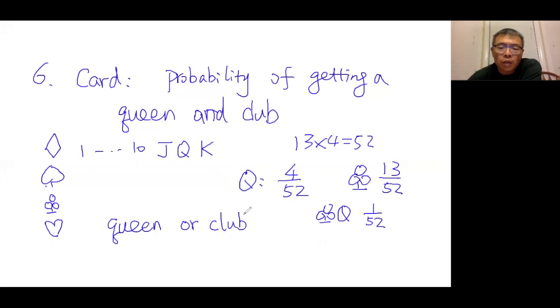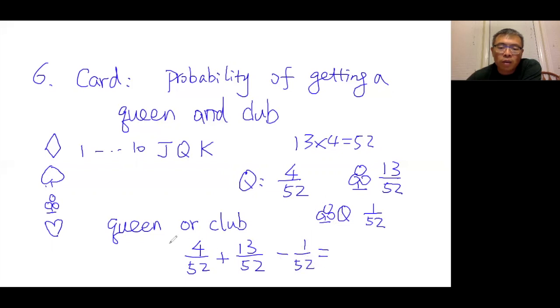So we add the probability of getting a queen and the probability of getting a club, and we have to subtract the 1 single case that we double counted, which is the club queen. So we subtract 1 over 52.